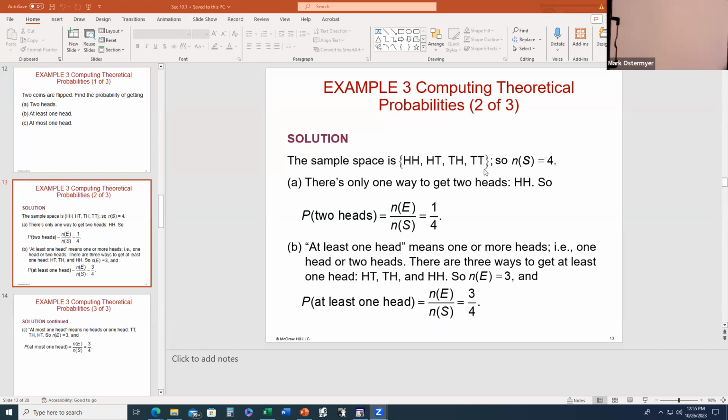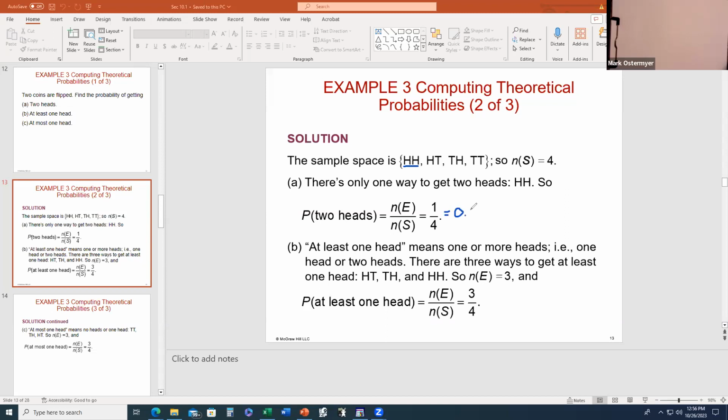So the number of ways of tossing 2 heads is one, head-head, out of 4 possible outcomes. So your probability of tossing 2 heads for this experiment is 1/4, or 0.25, or 25% chance.